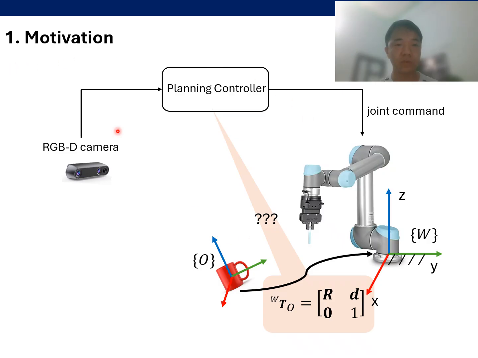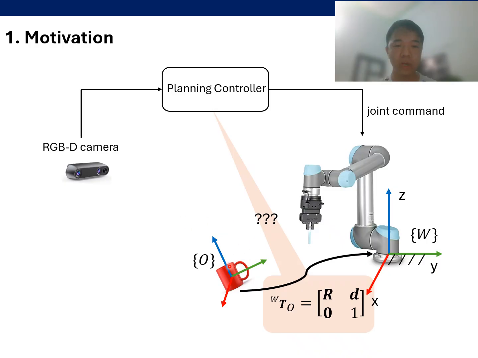Starting from the motivation: in robotics manipulation, given a manipulator in the workspace like this, and a target object that we want to manipulate, to make the robot approach the object and grab or pick it, we have to know the relative position and relative pose of the object with respect to the world coordinate frame.